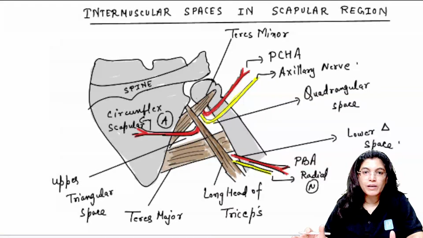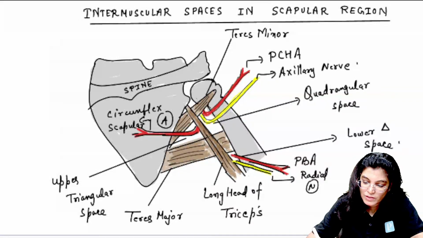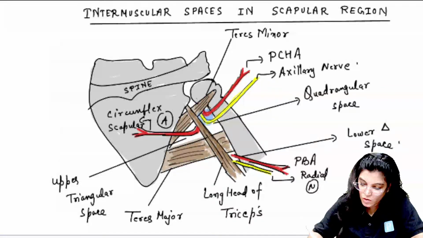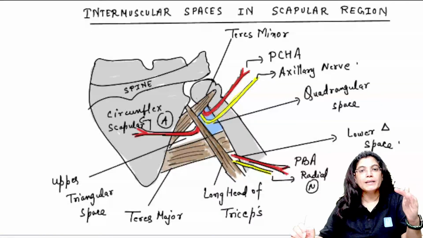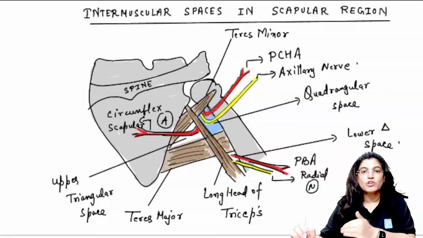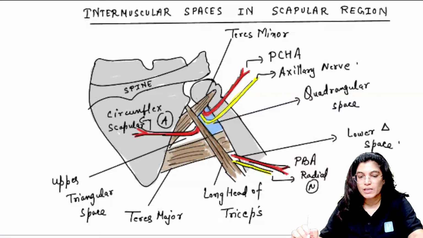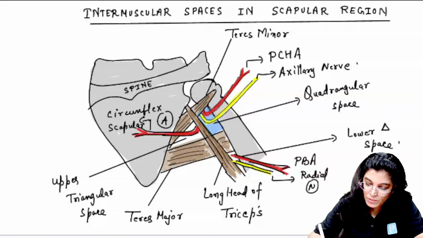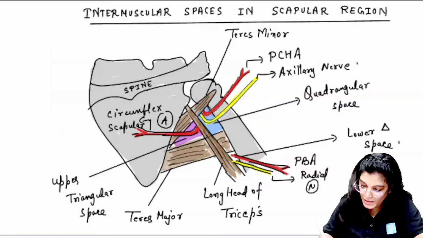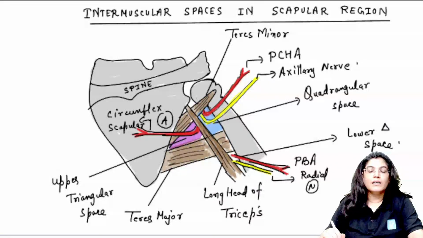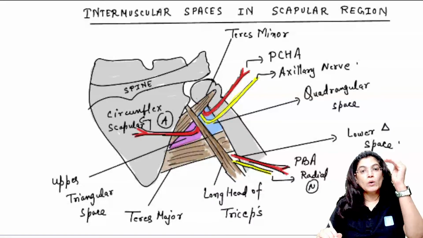I have already described the boundaries. Here, this is the quadrangular space which I have shown in blue color. It is bounded above by teres minor, below by teres major, on the medial side by long head of triceps, and on the lateral side by surgical neck of humerus. Now the upper triangular space: above is teres minor, below is teres major.